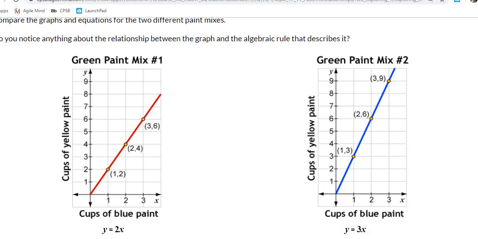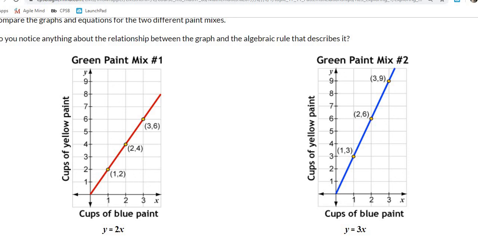So are these two graphs similar? I'm going to ask a few different questions. How are they similar? They're both proportional, because they're both straight and they're both going through the origin. Agree or disagree?